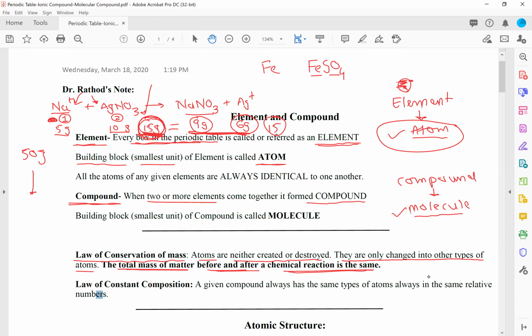Then at the end of the reaction we get 7 different elements and 8 different compounds out of the reaction. The total mass of them would be 50 grams as well. So no matter if it's an element or a compound, we are just adding those masses. The quantity that goes into the reaction, the grams, will be the same quantity that comes out of the reaction, irrespective of the element and the compound.